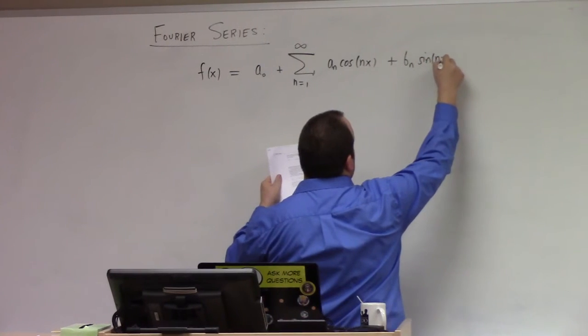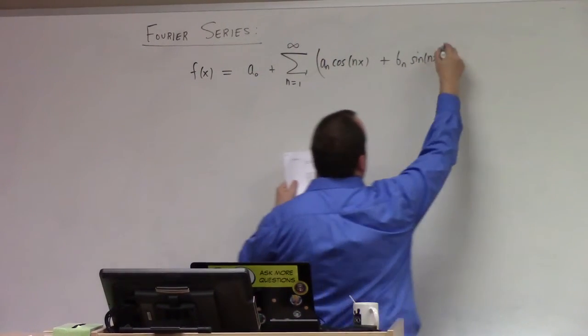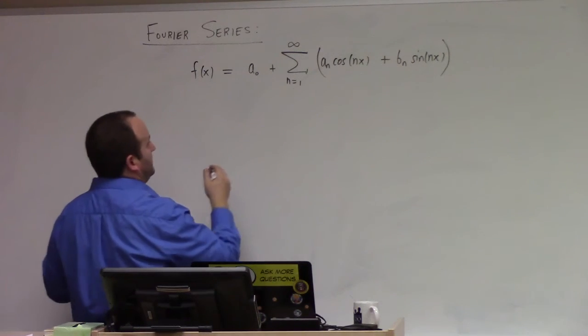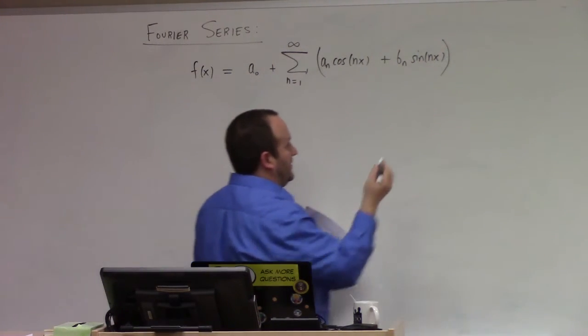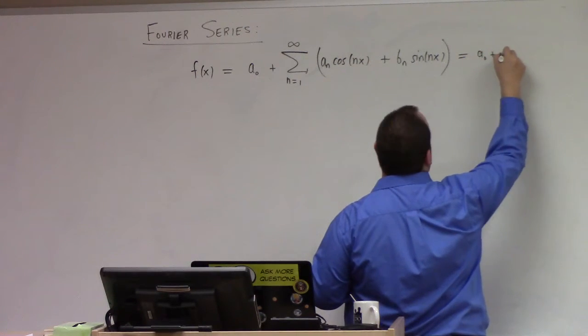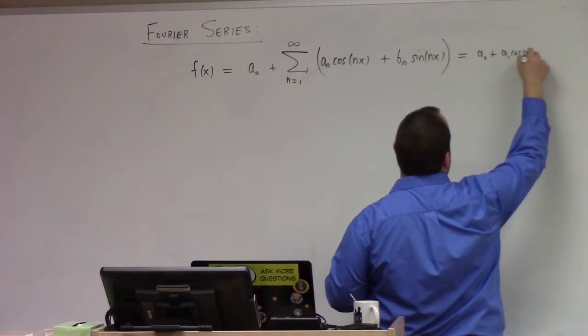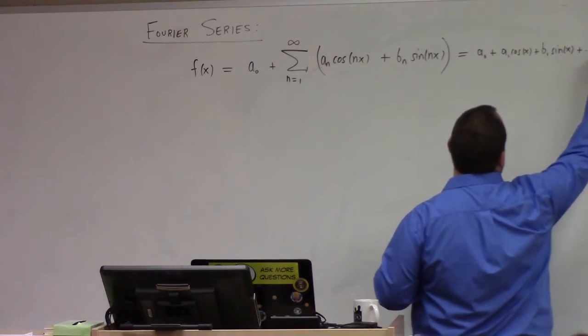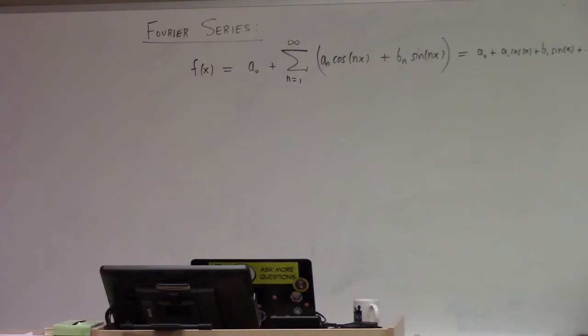So what this means, of course, and you guys know how this notation works, is a sub 0 plus a1 cosine x plus b1 sine x, and so forth and so on. It's this infinite series of sine and cosine functions.